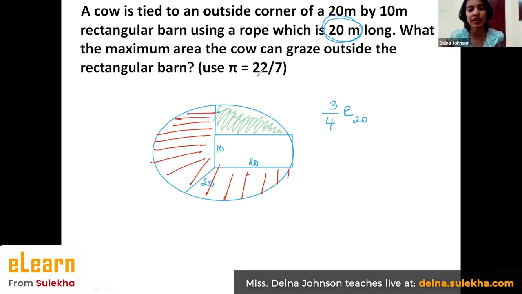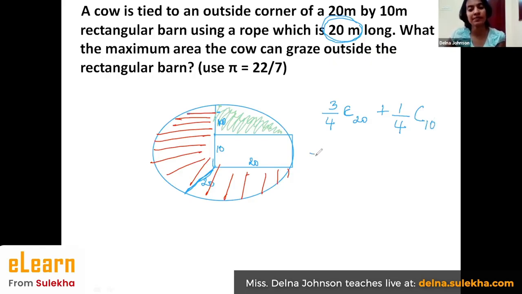This part you can write as 1/4 of the circle because it's only one part. So it's 1/4 of the circle where the radius is nothing but 10. Why? Because the whole length of this rope is 20, and over here already it's 10, so the remaining is 10. 10 plus 10 is 20. So it's a circle of radius 10.